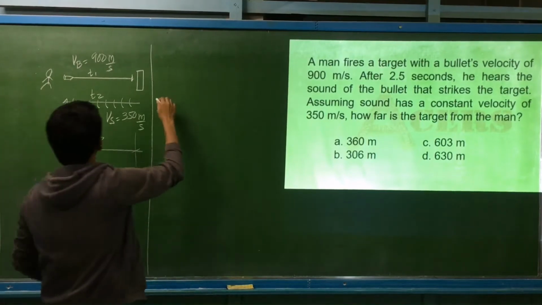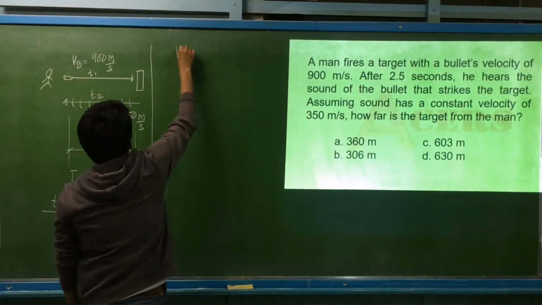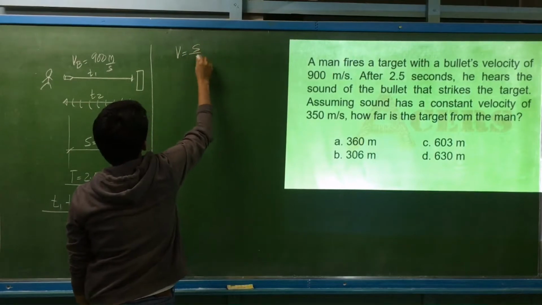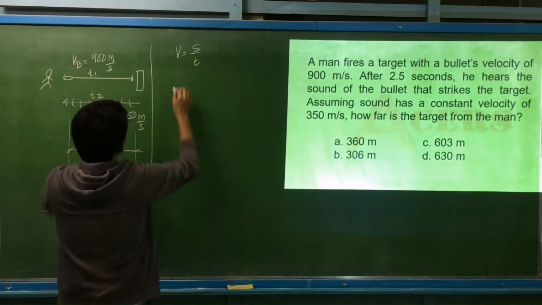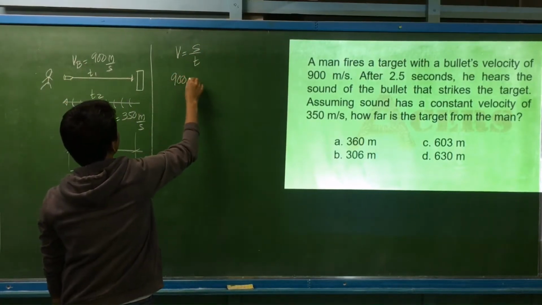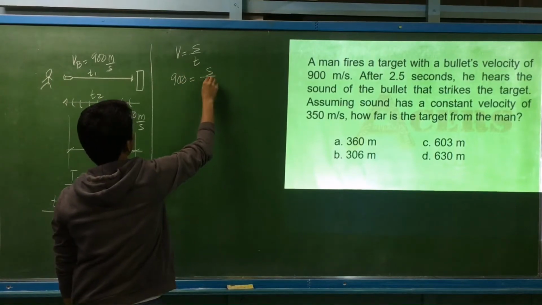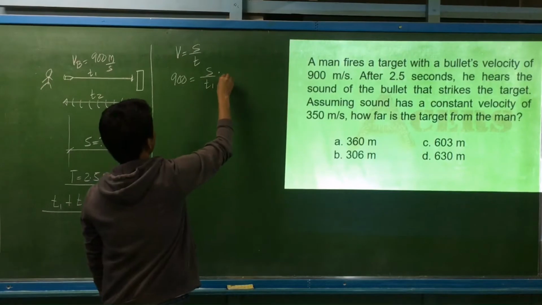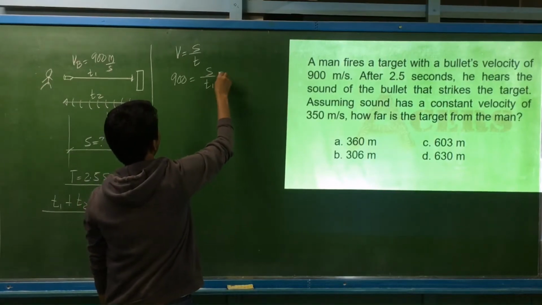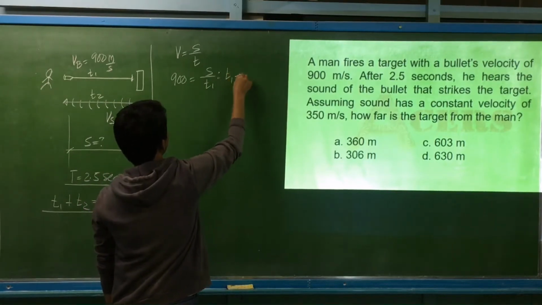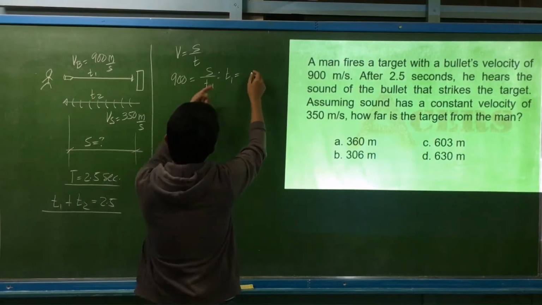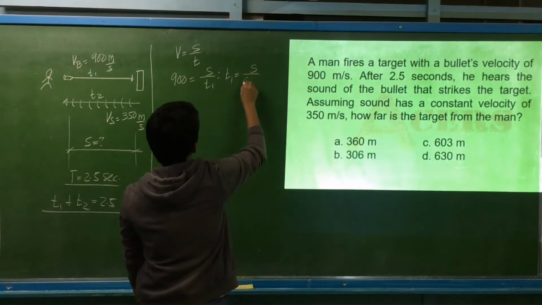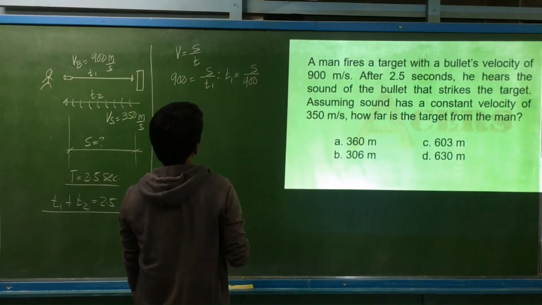If we consider the bullet, velocity is equal to distance over time. For the bullet, 900 is equal to the distance over time number 1, so time number 1 is equal to the distance divided by 900 meters per second.